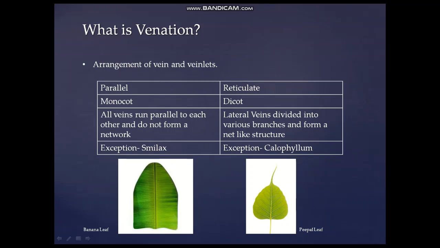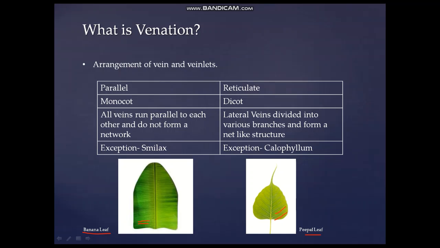It's a monocot but shows reticulate venation, and there is the same exception in reverse: it's a dicot but shows parallel venation. Example is Calophyllum. Now look at the diagram. Banana leaf shows parallel venation, and peepal leaf shows reticulate venation.